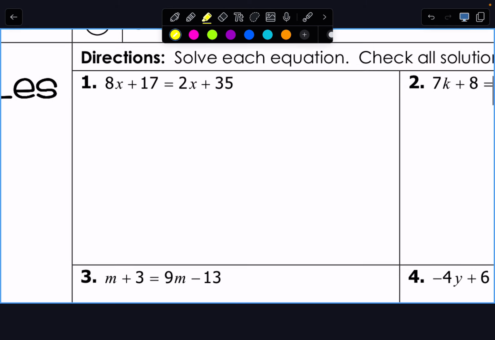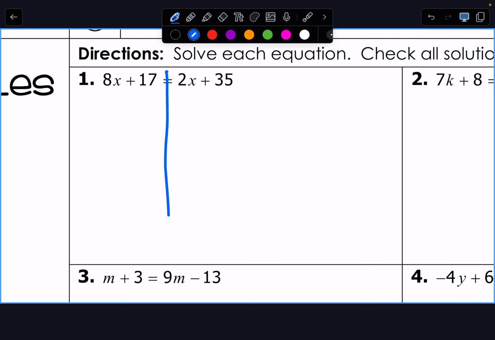I'm going to zoom in here on number 1. What do you notice about number 1?